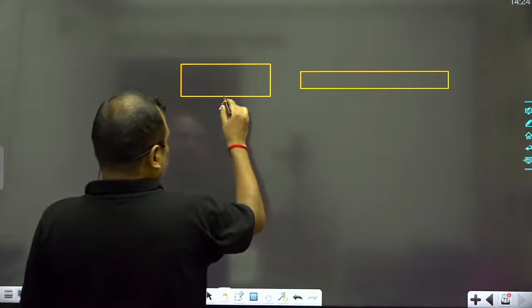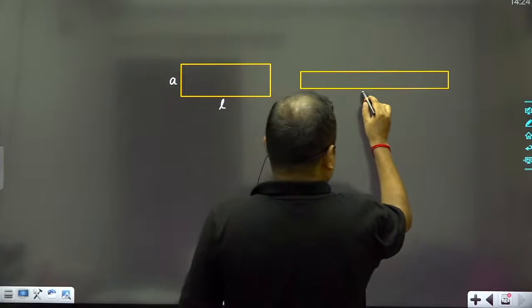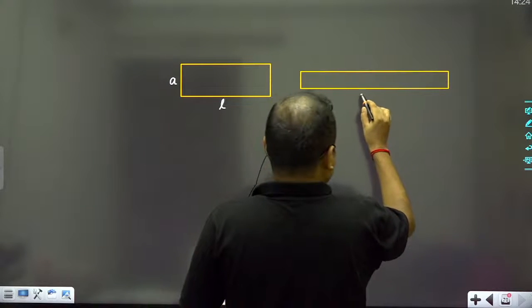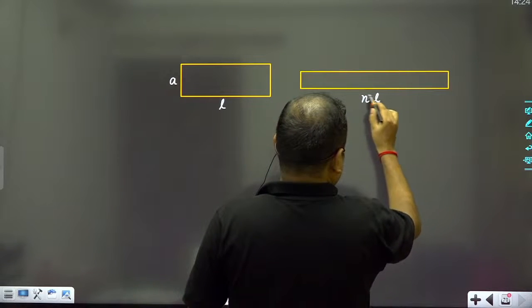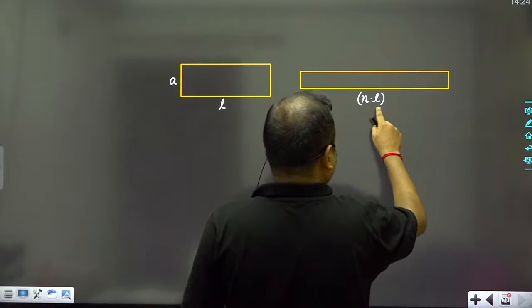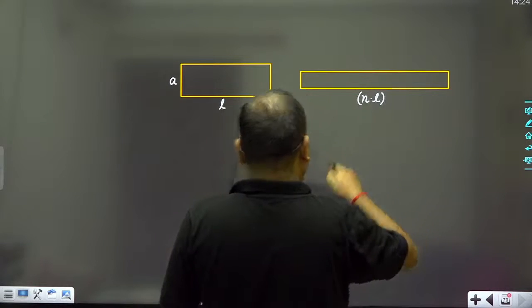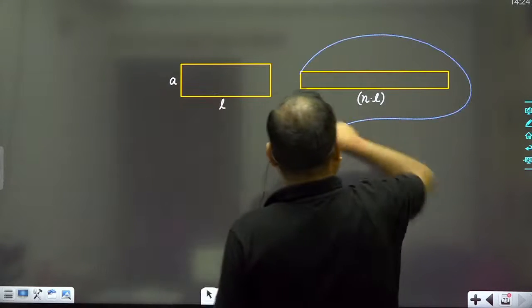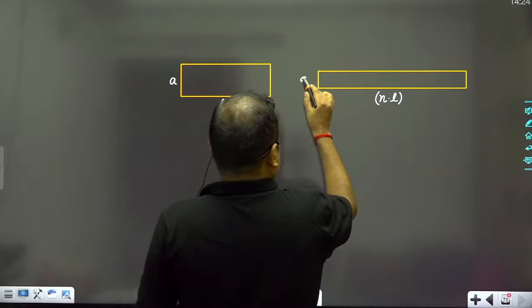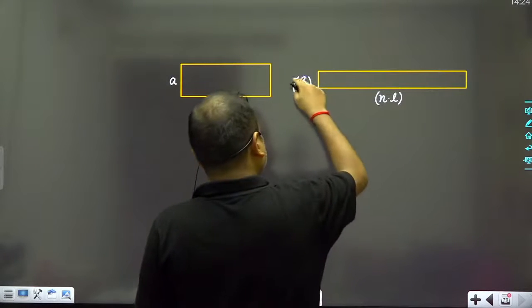Initially the length is L and cross sectional area is A, and now the length is n times, and the cross sectional area will become A upon n.